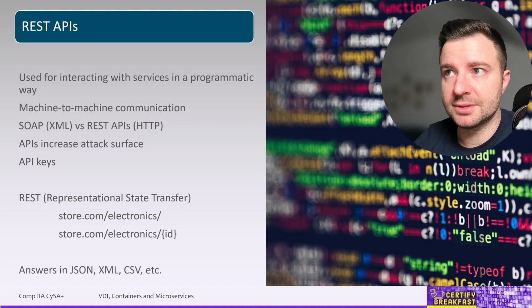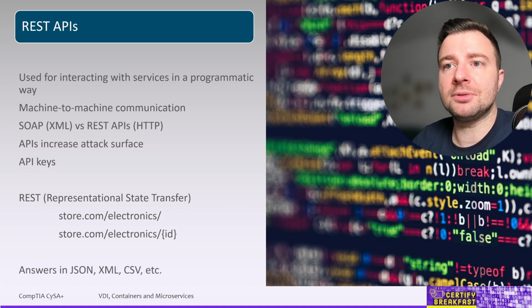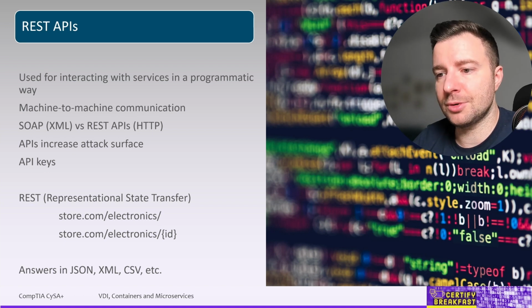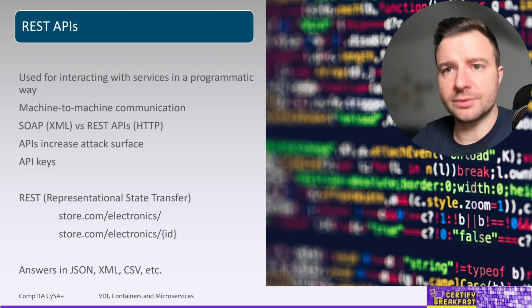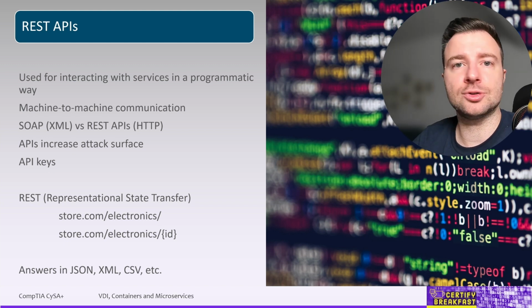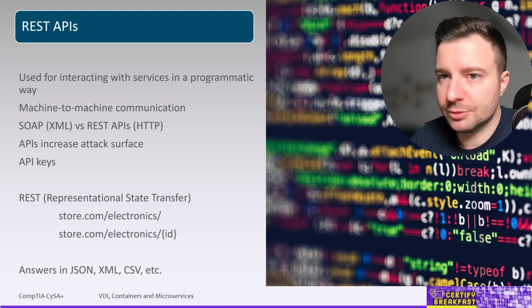And REST responses that we receive from the API endpoint can be in any format, depending on how the API has been configured. Most of the time, you can even choose the format of the data to be returned to you. Most of the time, it's going to be JSON, but they can also be XML or CSV or any type of implemented output format.